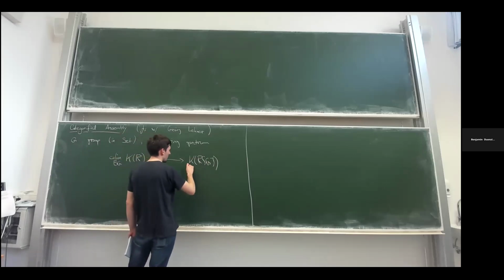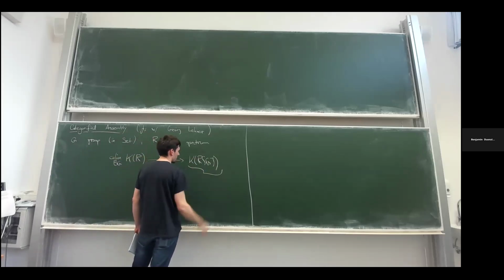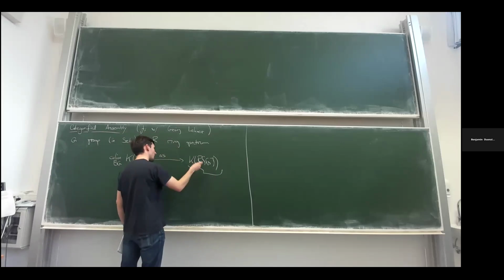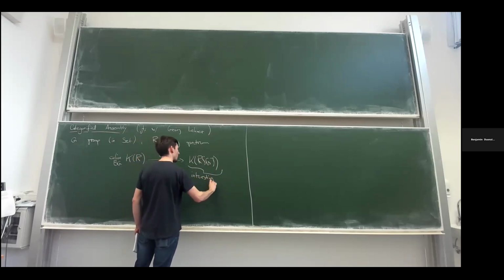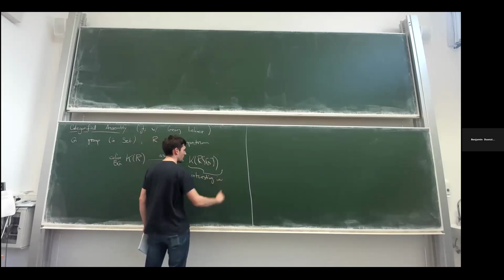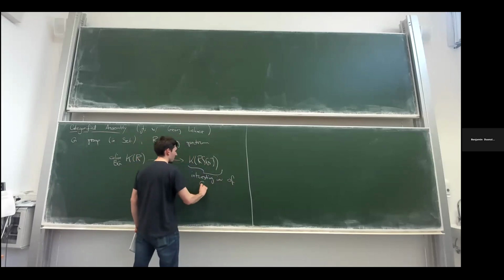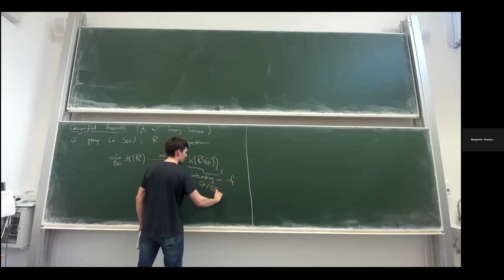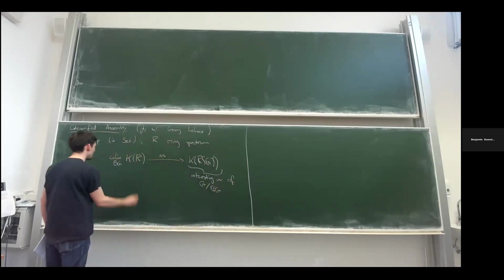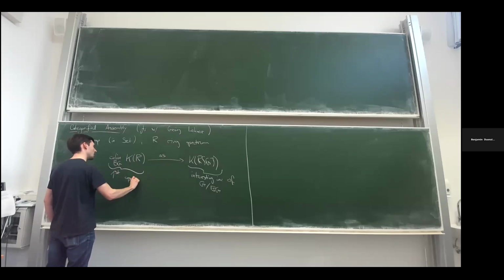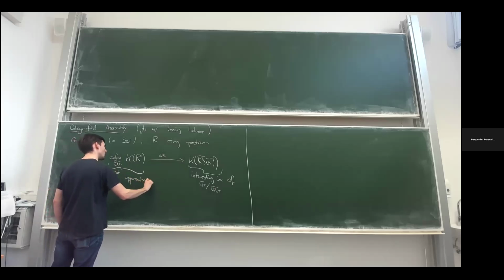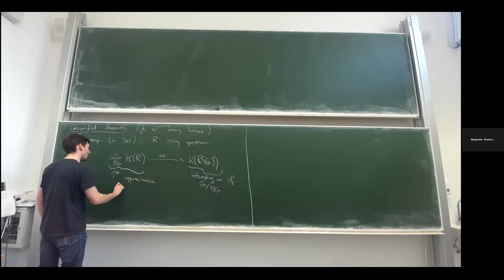And the classical point of view is that this right-hand side should be viewed as an interesting invariant of G, or depending on taste, maybe BG. And this left-hand side should be seen as a first approximation of the right-hand side.